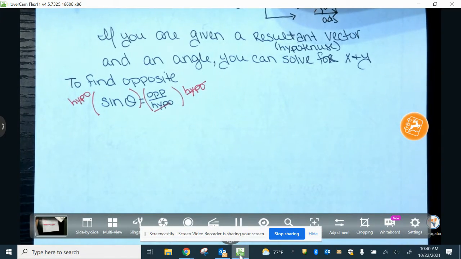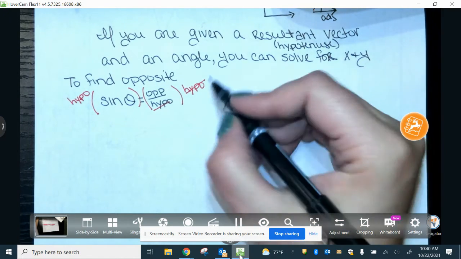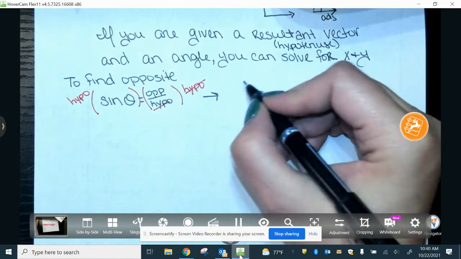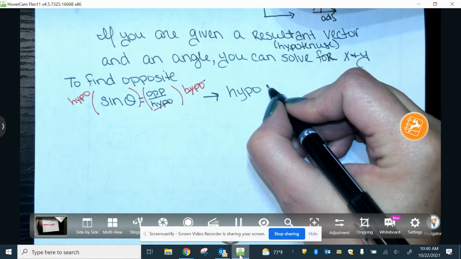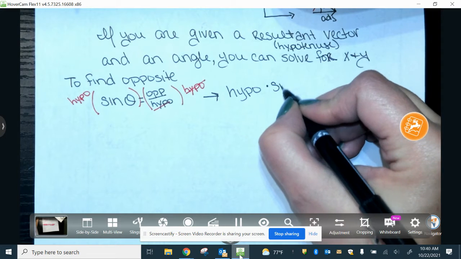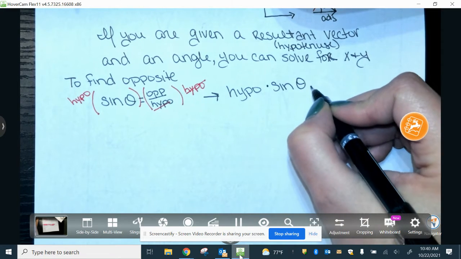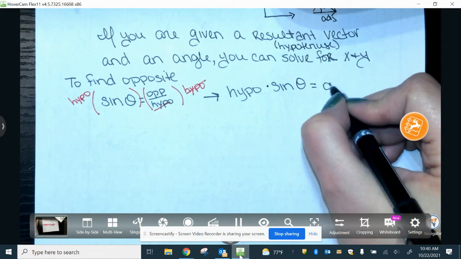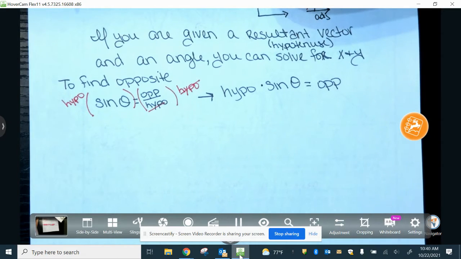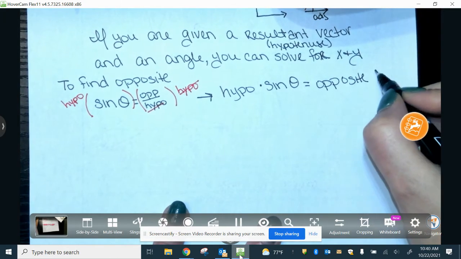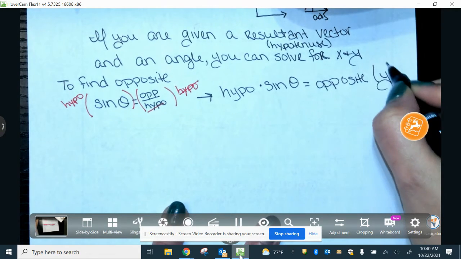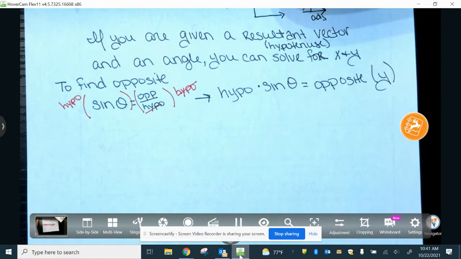Those cancel out. So the hypotenuse times the sine of theta is going to be equal to my opposite, which in the majority of these is going to be your y component.